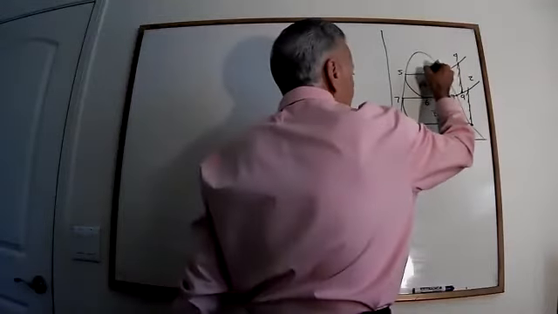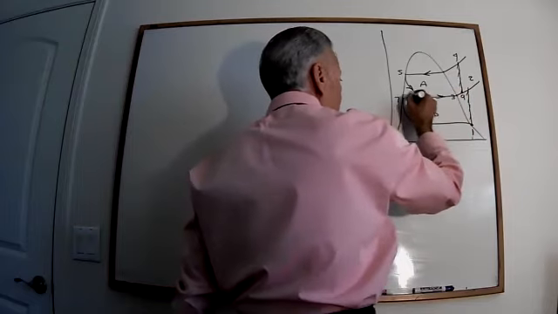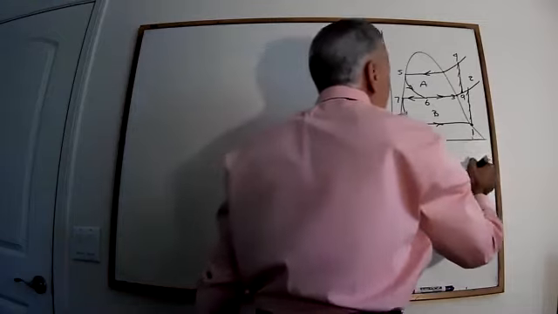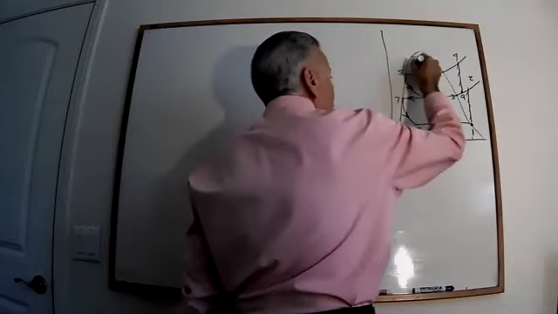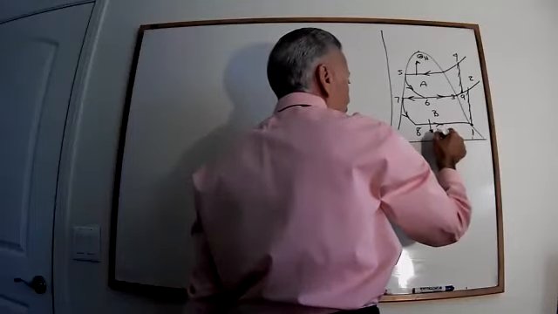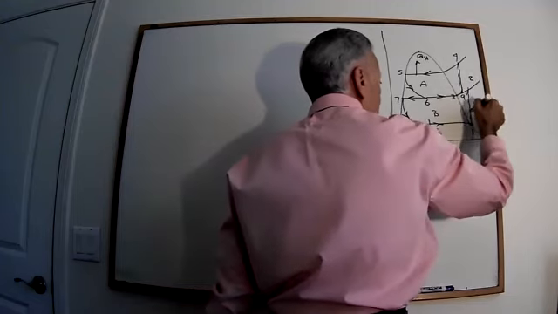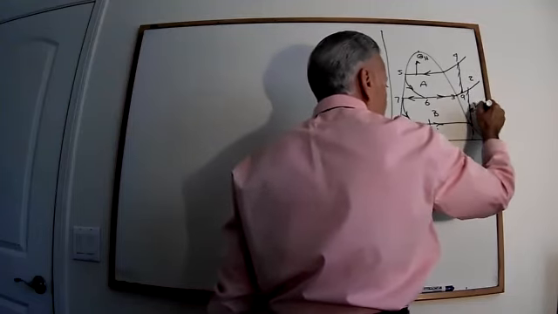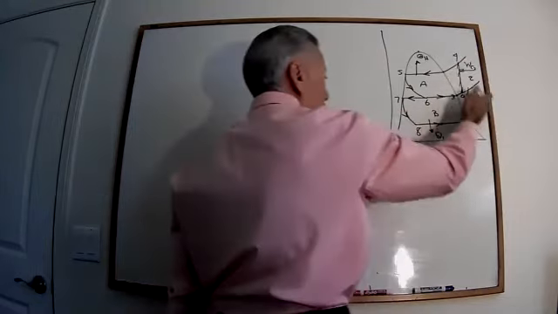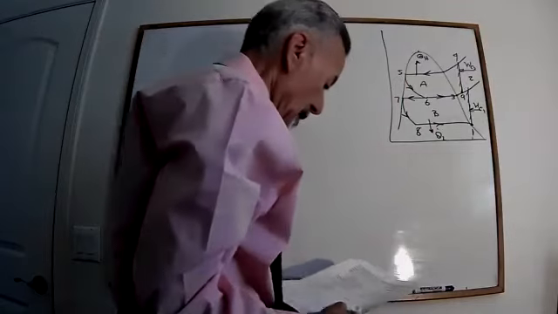So the direction is basically going that way, here, here, coming back. That would be the direction of that. At the end, we will have one QH, one QL, and work on one compressor, let's say compressor 1, work over compressor 2, or compressor A, compressor B, however you want to do it.